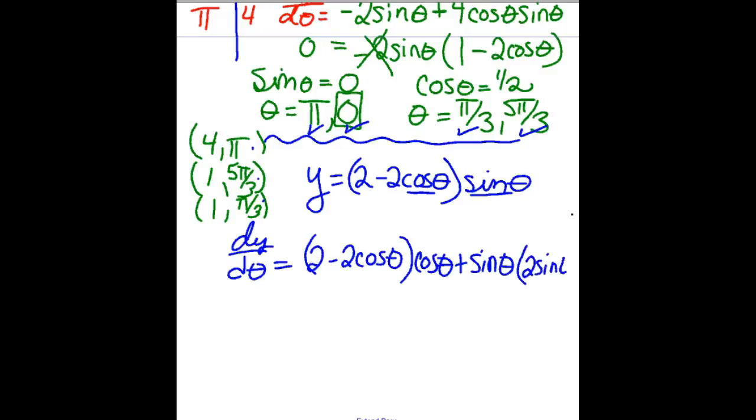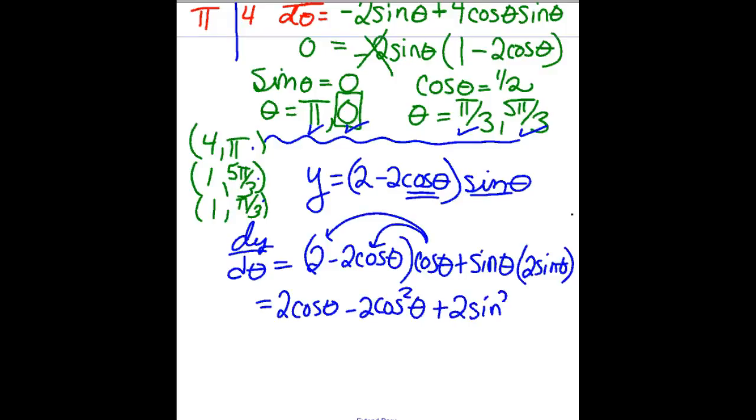Watch my signs here, but I think that's correct. Derivative of cosine is negative sine, so it's going to make that a plus. So if I wrote that out a little bit nicer, I have 2 cosine theta minus 2 cosine squared theta, bam, plus 2 sine squared theta, bam.